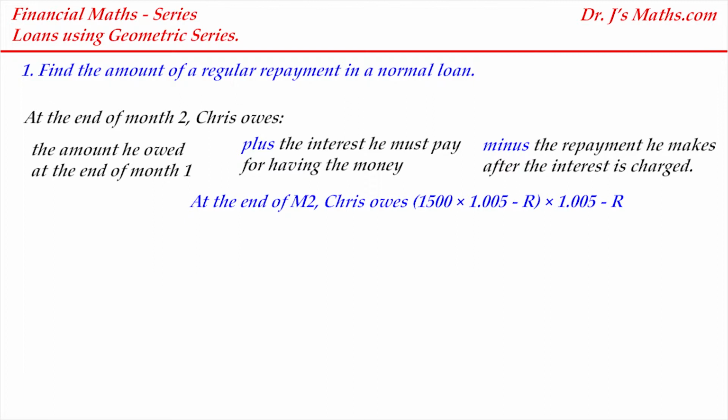So we can expand those brackets: the first 1.005 goes to the one outside it to give us 1.005 squared, times the 1,500 of course. And then the second expansion is minus the R times the 1.005, and then the minus R remains just as it is.